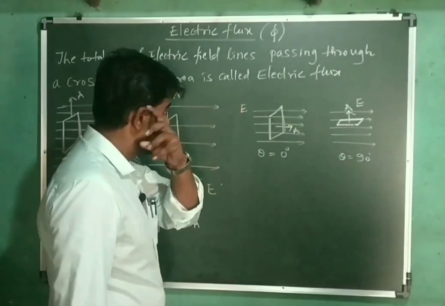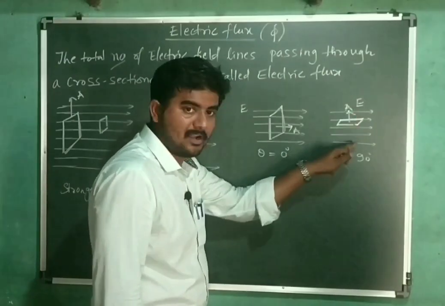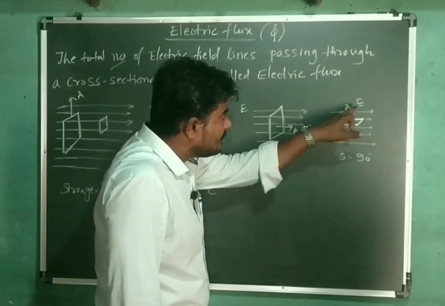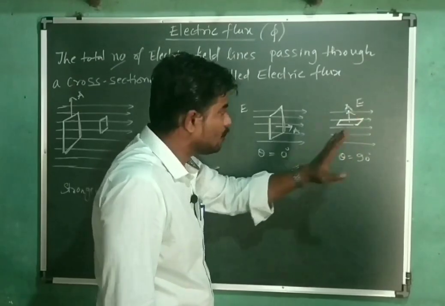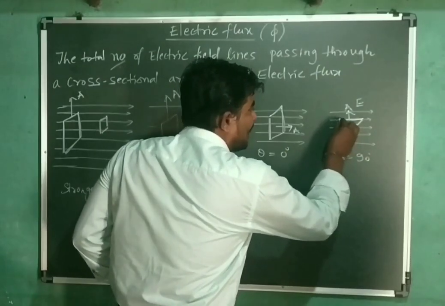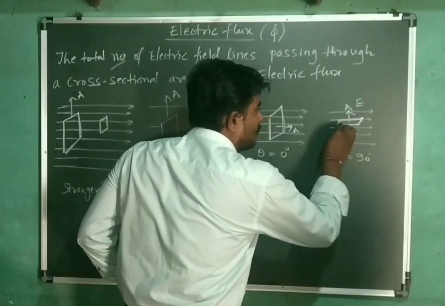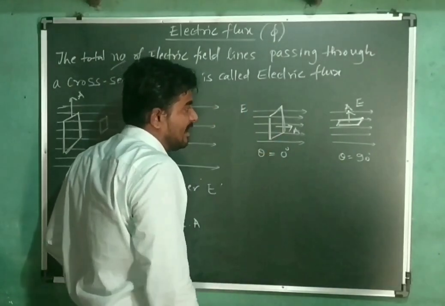It means this area is parallel to the electric field, and this area vector is perpendicular to the electric field. Here no electric field line is linked with this surface. Here the maximum number of electric field lines are linked.